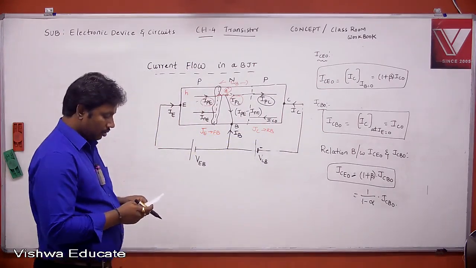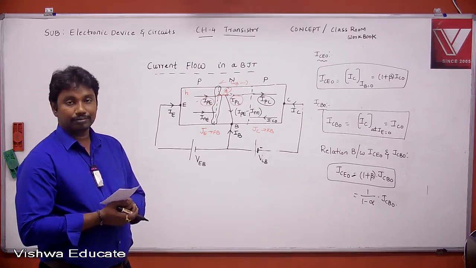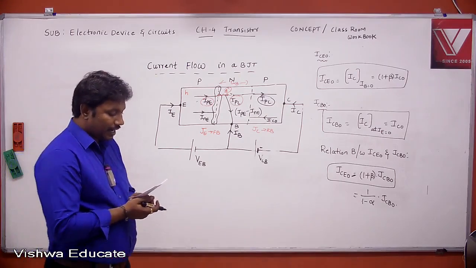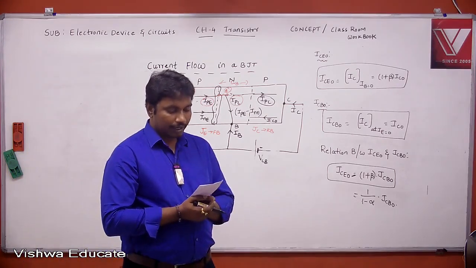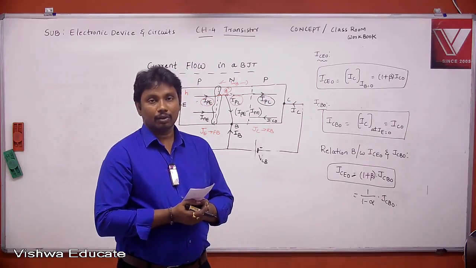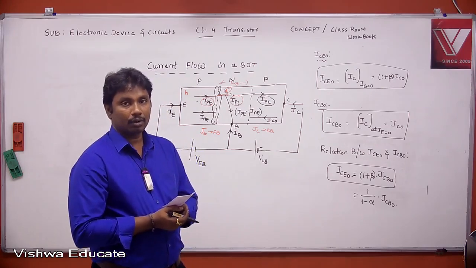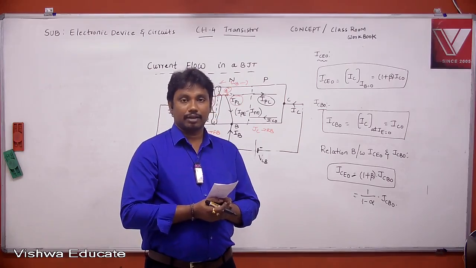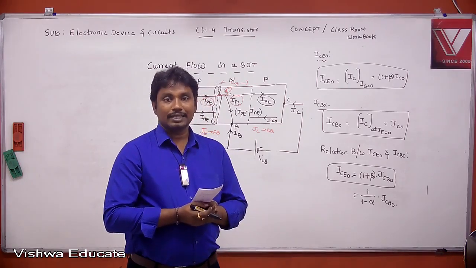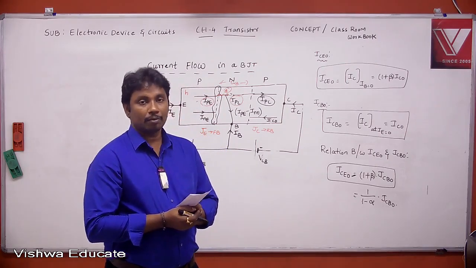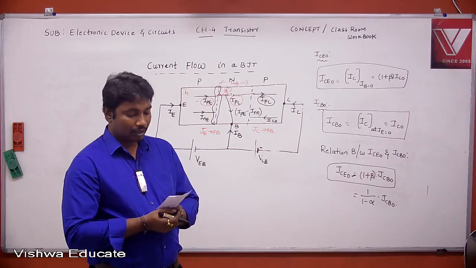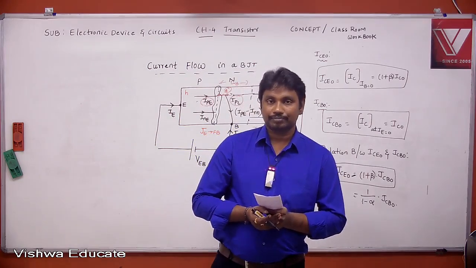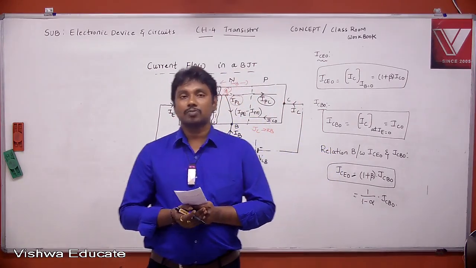In a transistor, beta equal to 49, emitter efficiency is 0.995. Calculate the base transport factor.